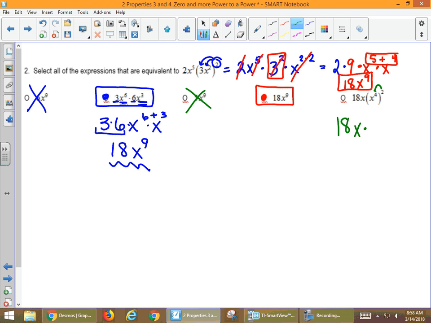So 4 times 2 is what I need to do first. I'm going to make sure I put a 1 on that x. And 2 times 4 is 8. And then if I add those, what do I get? 18x to the 9th.